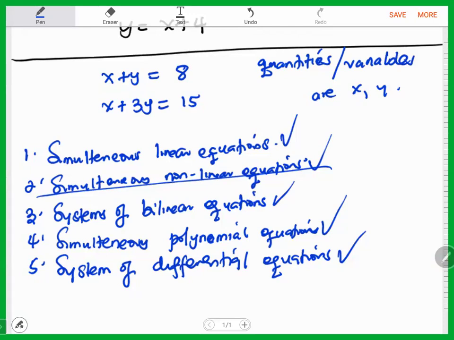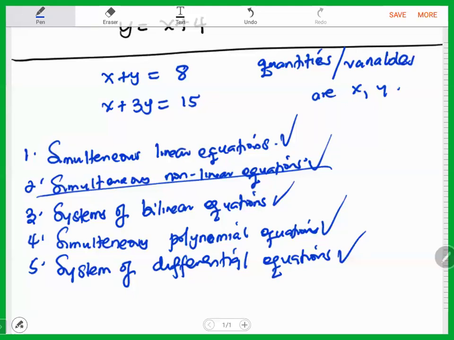When I look at a system of bilinear equations, it simply means I'm looking at a system of 2 equations. When I look at a system of linear equations, then I'll be looking at either a 2 or 3 system of equations. When I look at the simultaneous polynomial equations, then we shall be looking at equations whose upper degree is more than a 2.